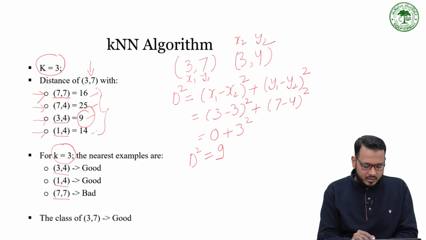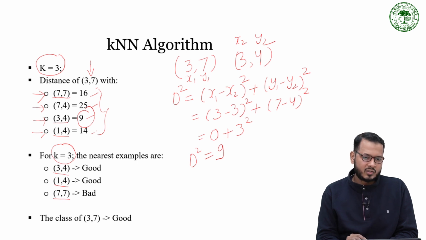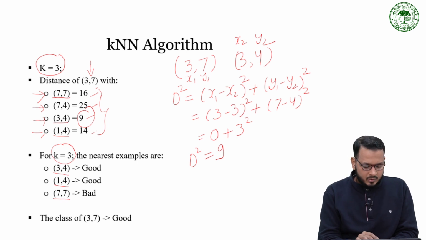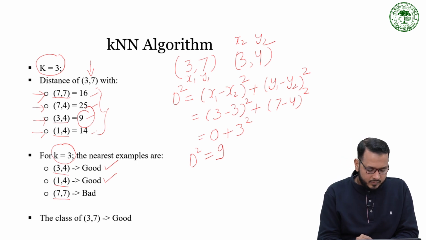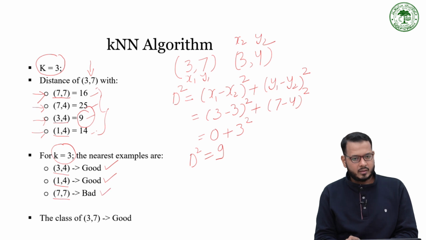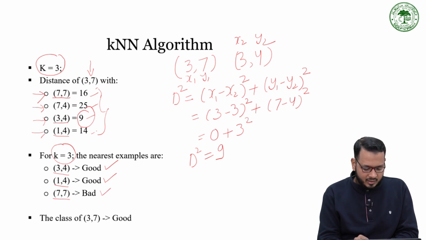The next part is, let me see what is the class of these neighbors. For 3, 4 the class is good. For 1, 4 the class is also good. Sorry, in the previous case the class is good. Next case also the class is good. And for 7, 7 the class is bad. So the majority of the class here is good.